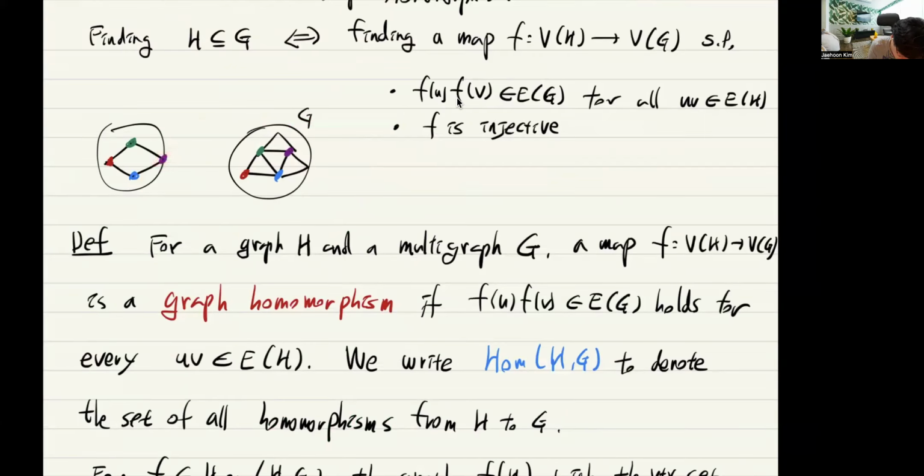If we map, say, this to here, if this was red instead, then this is still a homomorphism, and that homomorphic copy is this one. So this maps to here, this maps to here, this maps to here. This edge maps to here, this edge maps to here. So this is a homomorphic copy of C4. And then this is a degenerate copy.